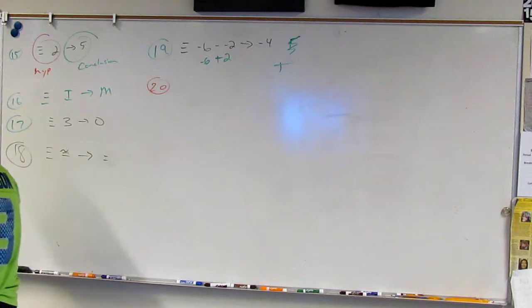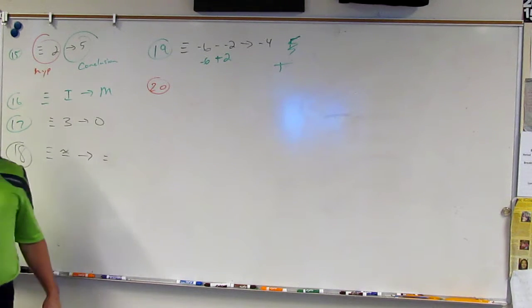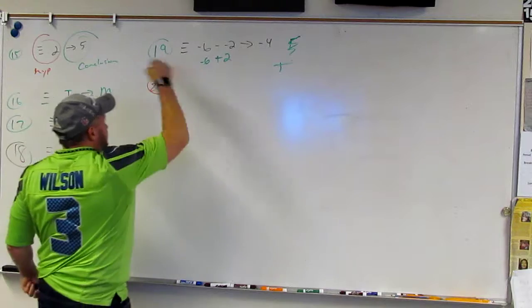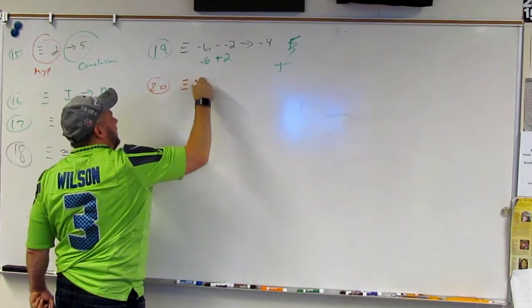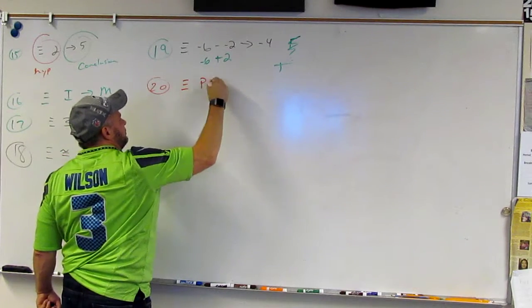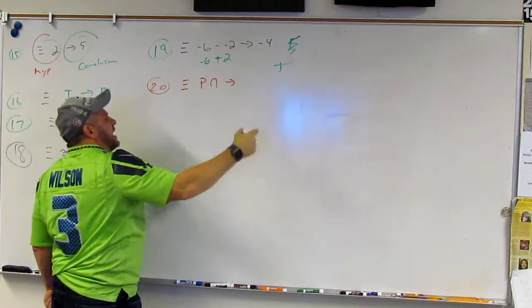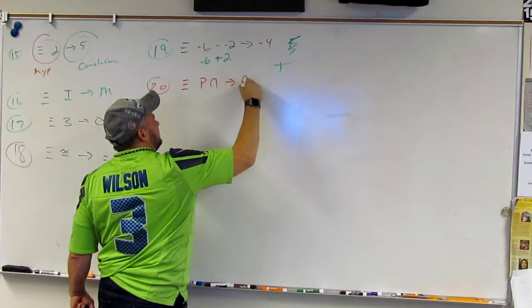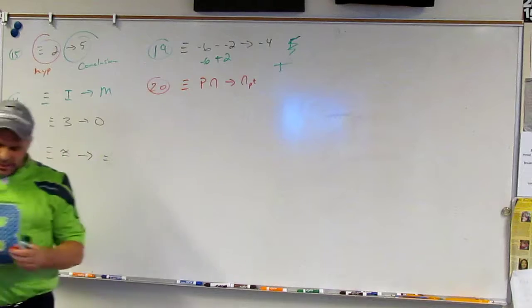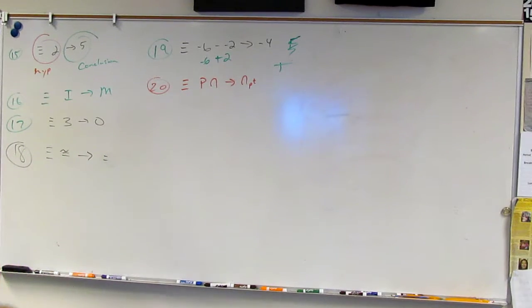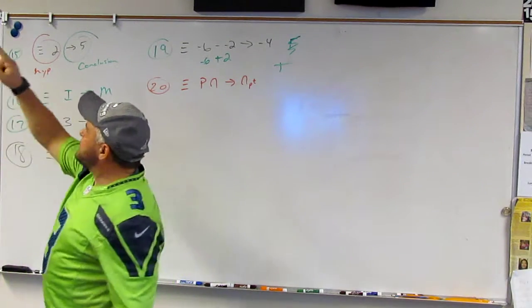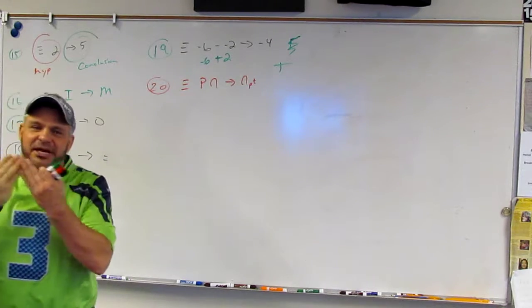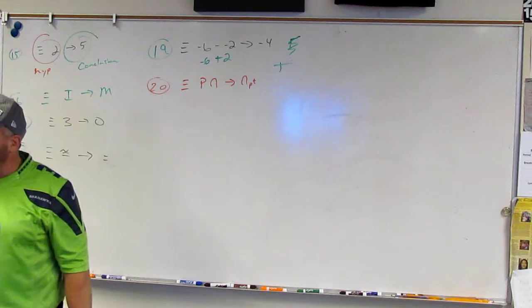If two planes intersect, then they intersect in exactly one point. So if that wall intersects with that wall, they only touch at one single point. Is that true?